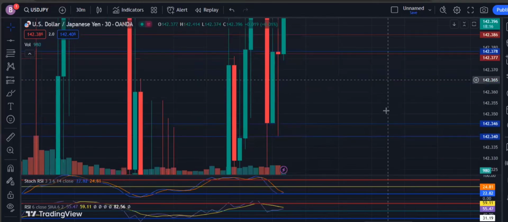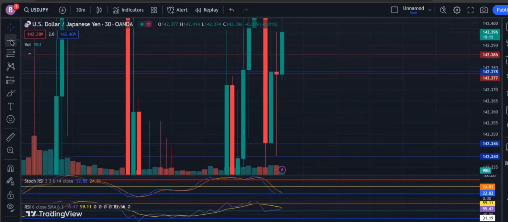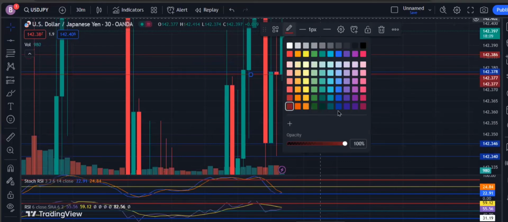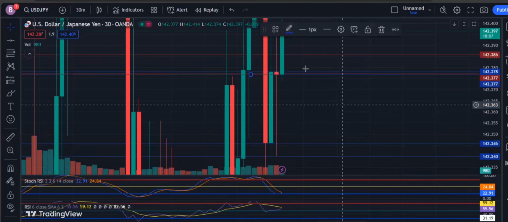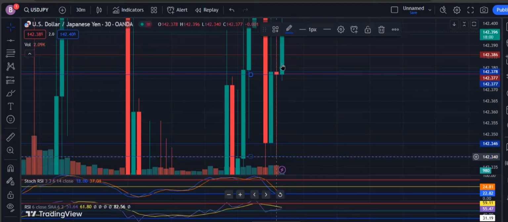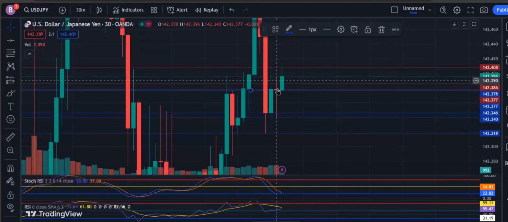So we just proceed to the body of the candle. Make sure you watch this video over and over again until you master this concept. So now we have the body and the wick of the previous 30 minutes candle. We proceed.